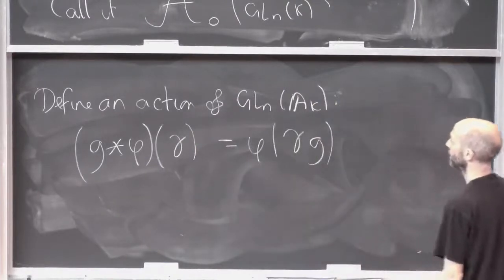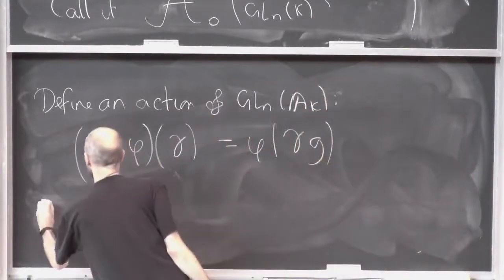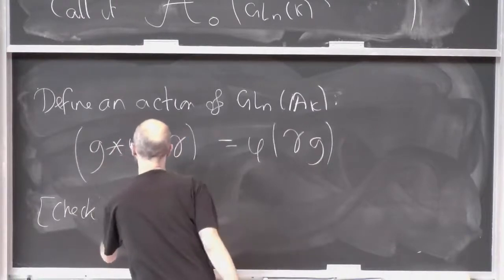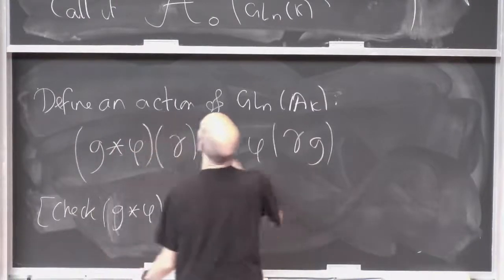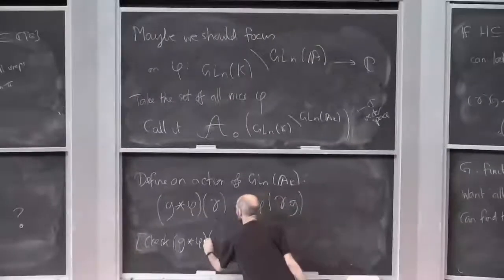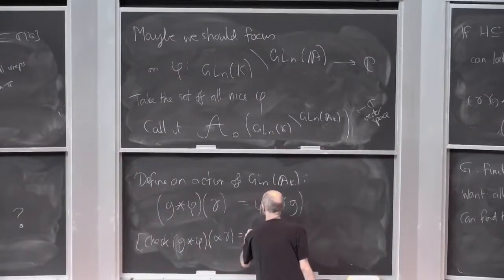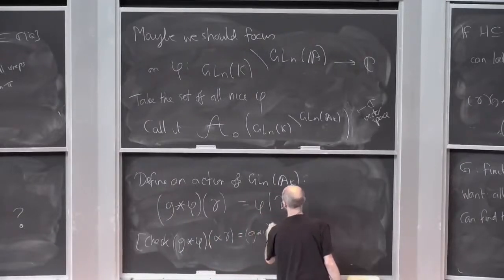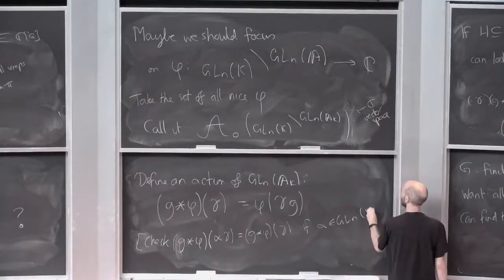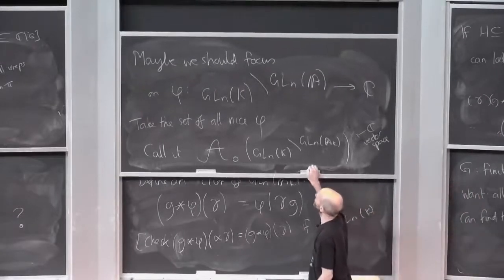And now you just check. Let's just check that g star phi is still a function on the Adeles modulo. So I need to check that g star phi of alpha gamma equals g star phi of gamma, if alpha is in GLN of K. I just better check that because that's what this means, yeah?